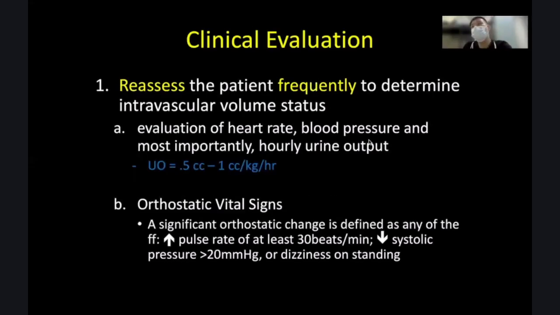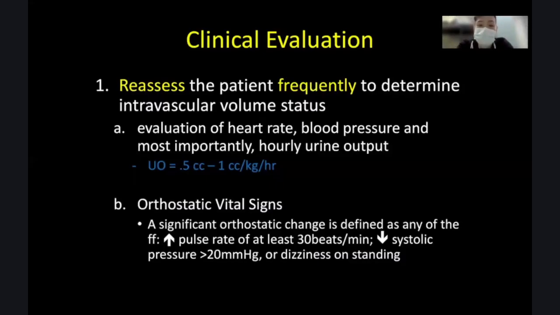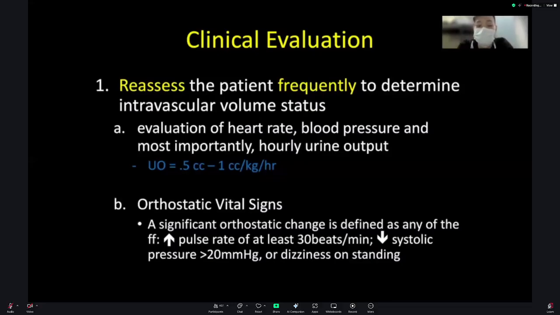So before replacing fluids and electrolytes, you have to evaluate and assess your patient first. Again, this is tailored based on your patient's status. Number one, you have to reassess the patient frequently and determine the intravascular volume status.